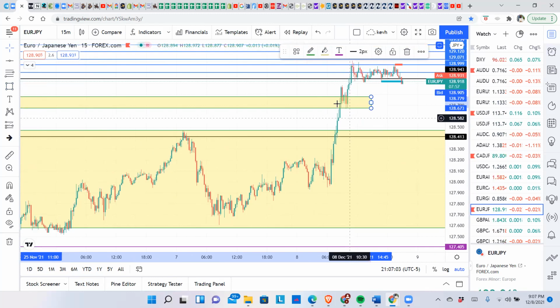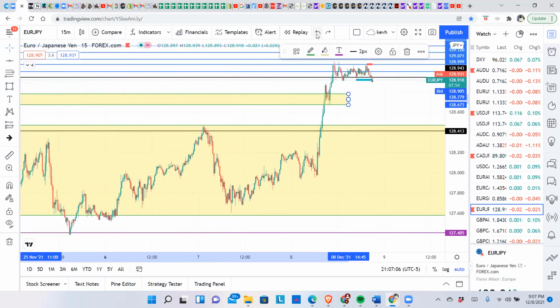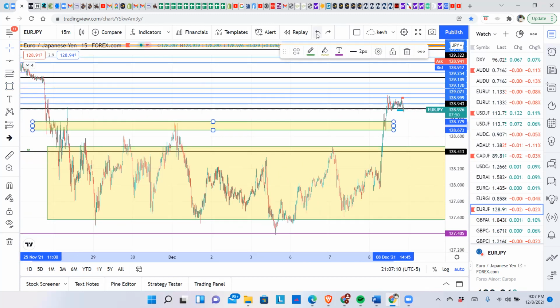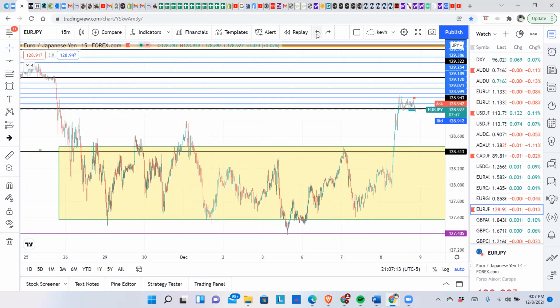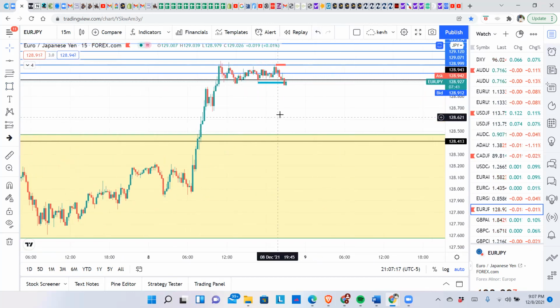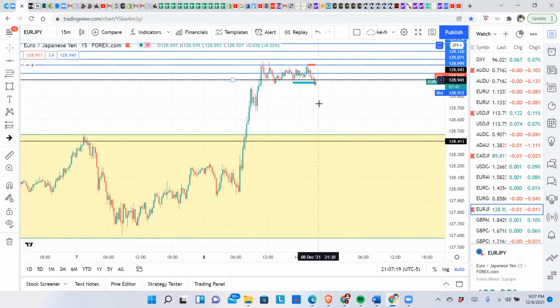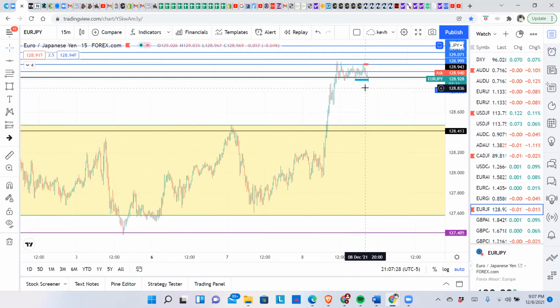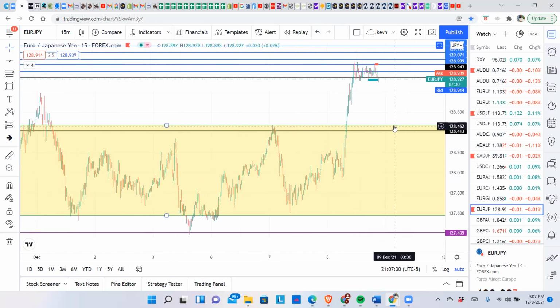So right now, I'll not be surprised seeing this move push all the way back down to the consolidation zone right here. So I'm actually going to take a small sell on Euro JPY. See a push down here, and then if it rejects above this area, I'm going to catch that buy from here.